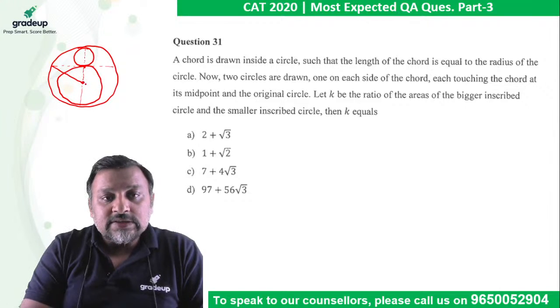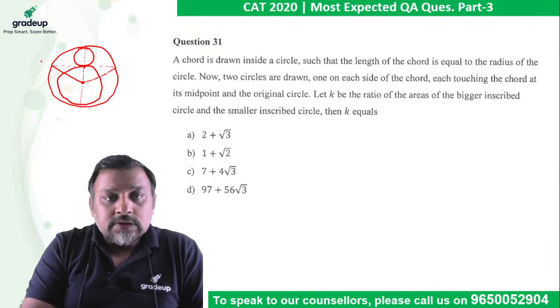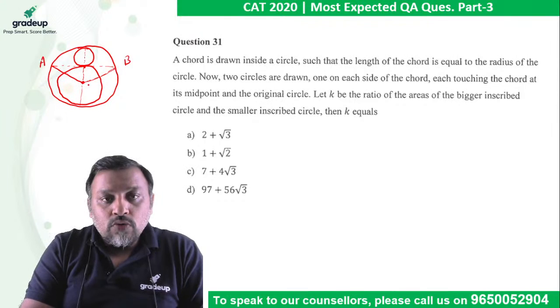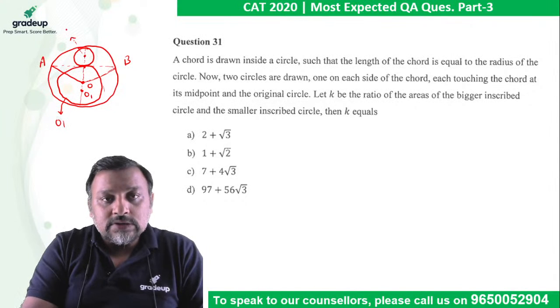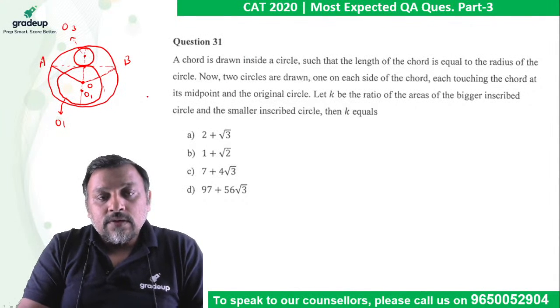So if I say this is the center of this bigger circle, let us say this is point A, this is B, this is O, and O1 is the center of this circle. O is the center of this bigger circle, and let us say O3 is the center of this smaller circle. This is O3.